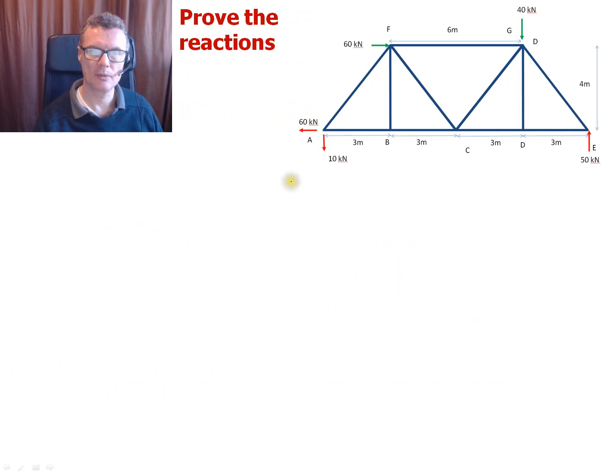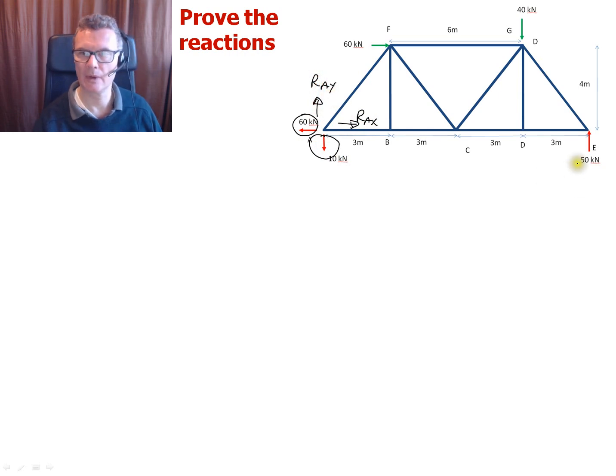So for this problem, we need to ignore these numbers for the moment. So let's put in our RAX here, RAY. Need to ignore this and replace it with an REY.